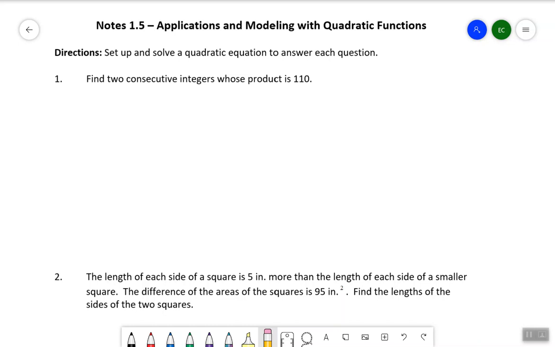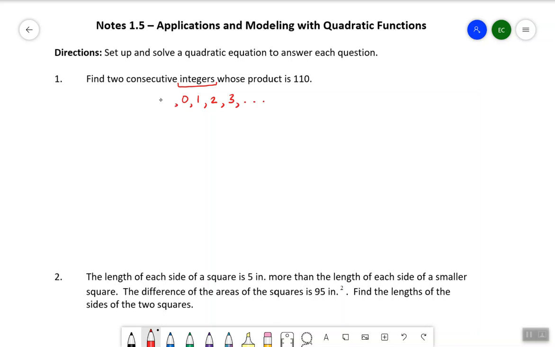So in number 1, find two consecutive integers whose product is 110. And so there's some important vocabulary there. Integers is a set of numbers that we talked about earlier in the chapter. Do you remember what the set of integers is? It's 0, 1, 2, 3, and so on.